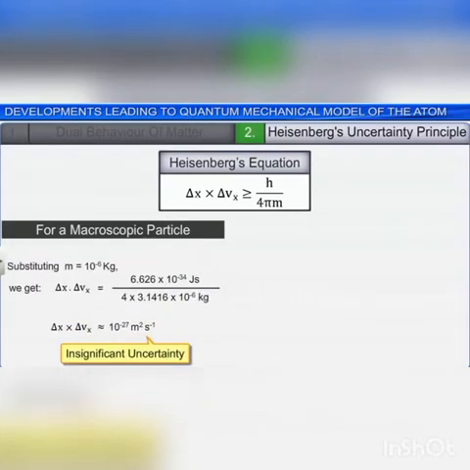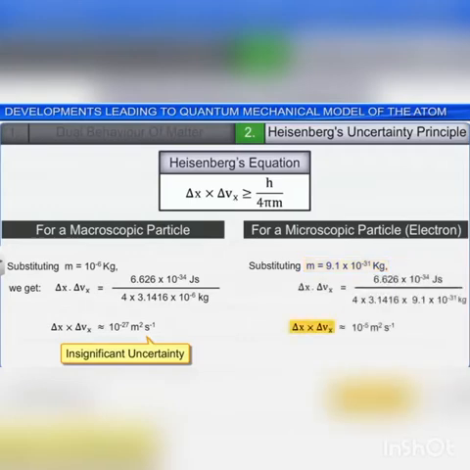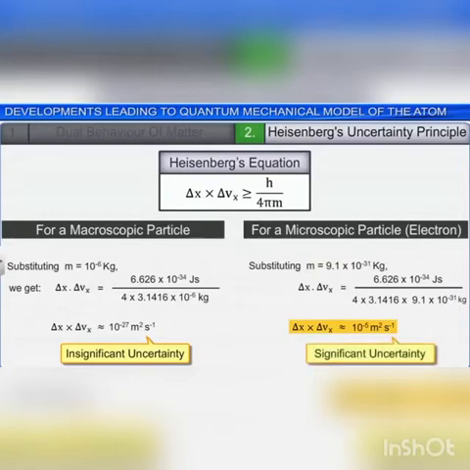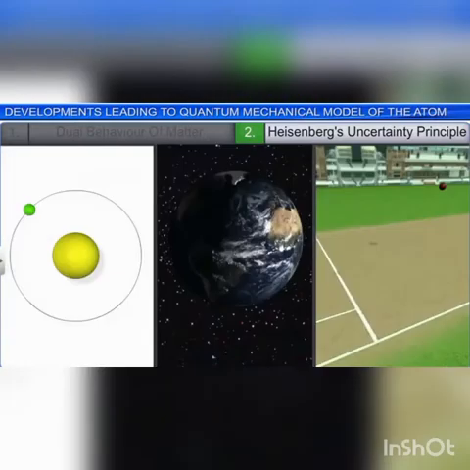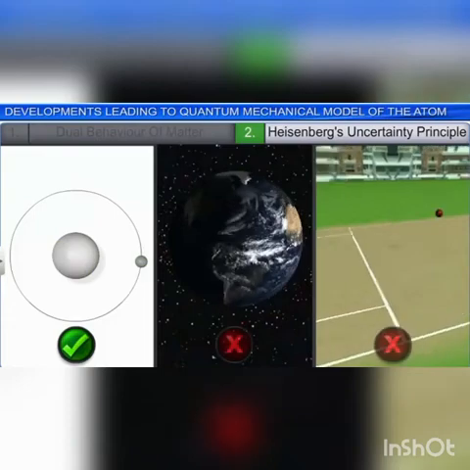On applying this uncertainty principle to a microscopic particle, like an electron having mass equal to 9.1 multiplied by 10 to the power minus 31 kg, we find that the product of delta v and delta x is significant enough and therefore cannot be ignored. Hence, we see that Heisenberg's uncertainty principle holds significance only for motion of microscopic particles and not for macroscopic objects.